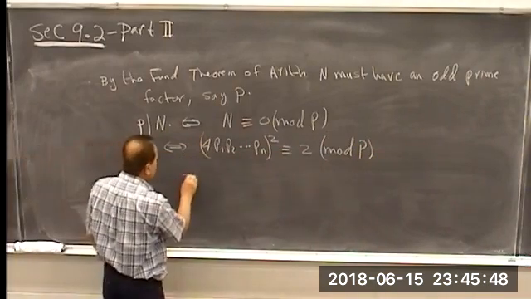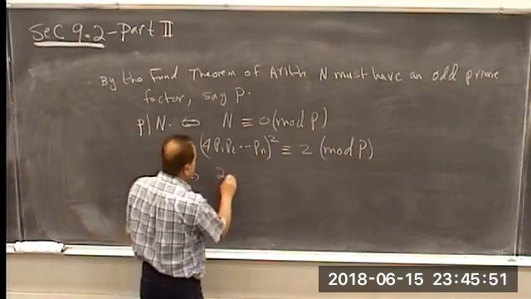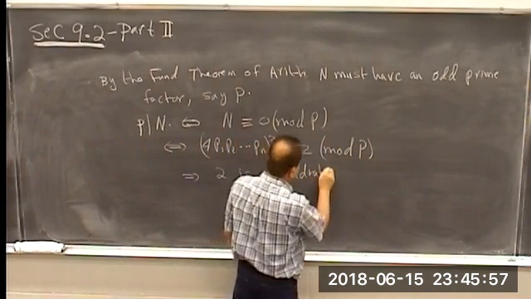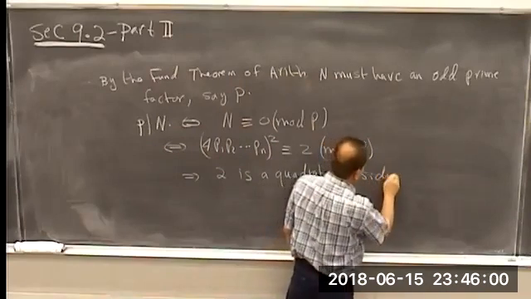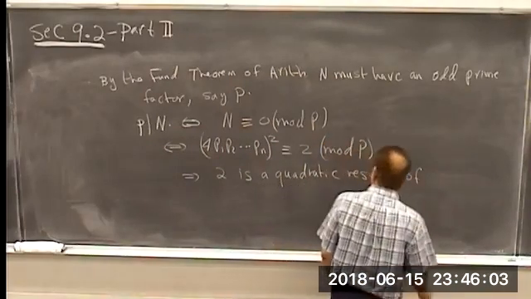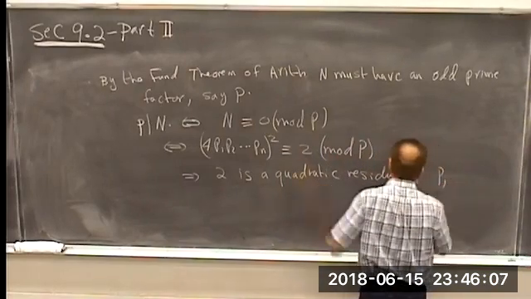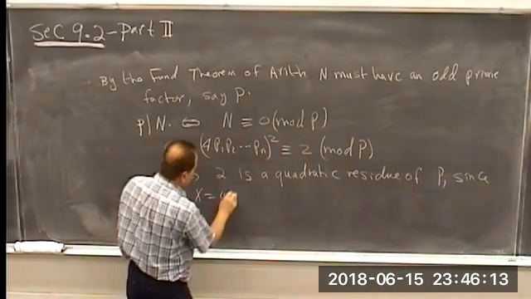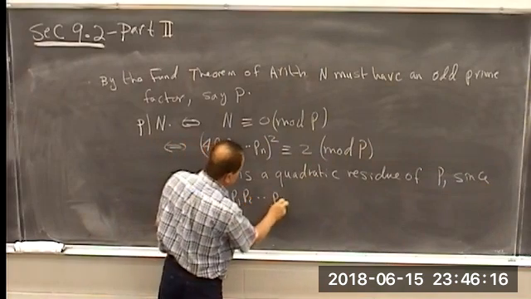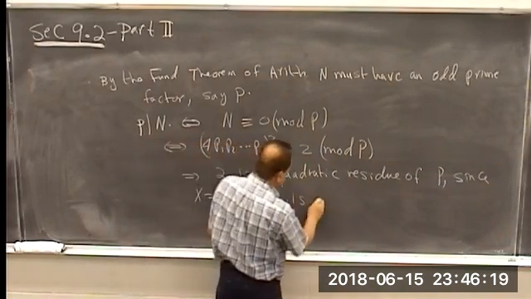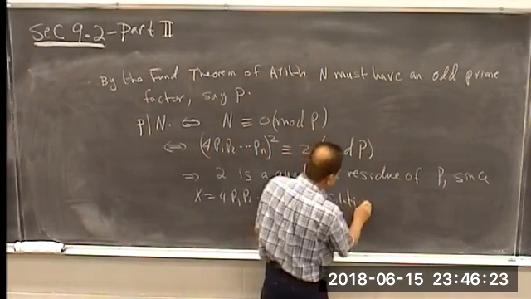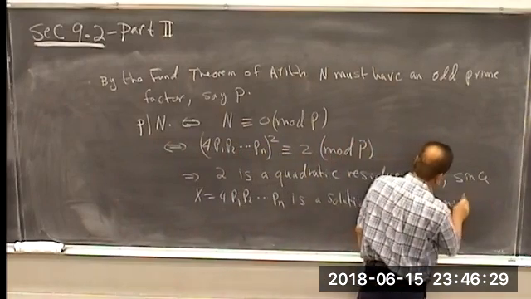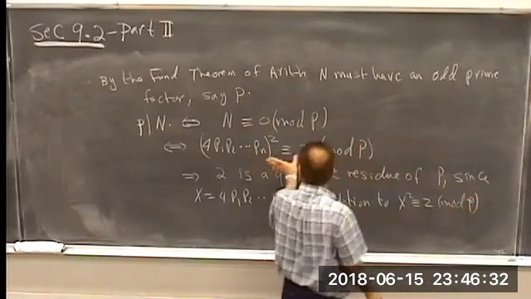And this means that 2 is a quadratic residue of P, since x equal to this number 2 P1, P2, up to Pn is a legitimate number, a solution to x squared congruent to 2 mod P. It satisfies this equation.